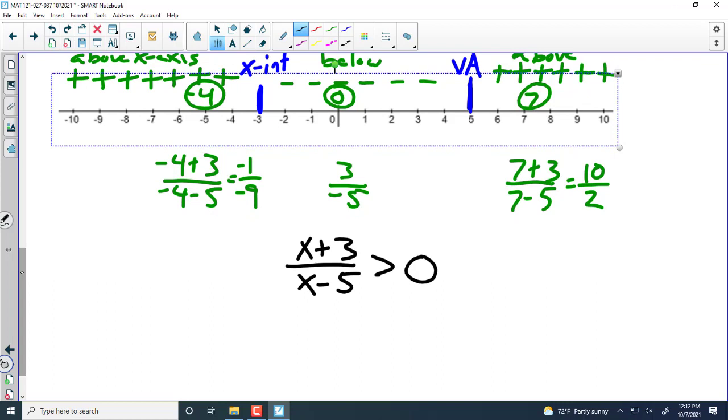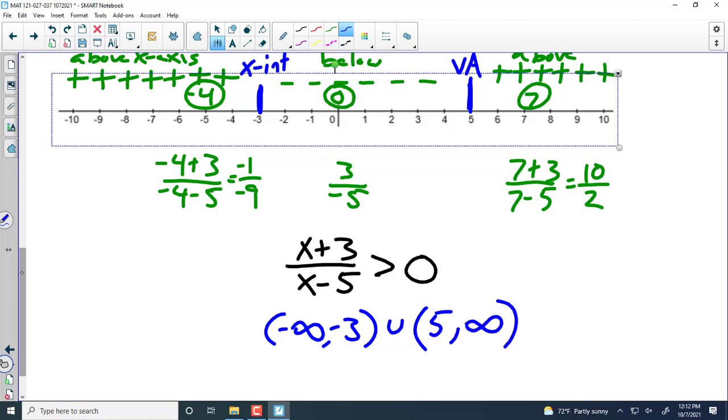Yeah, I know when it's above. Where is it? Negative infinity to negative 3, and then 5 to infinity. Was I right to use parentheses? Yeah, it sure was.